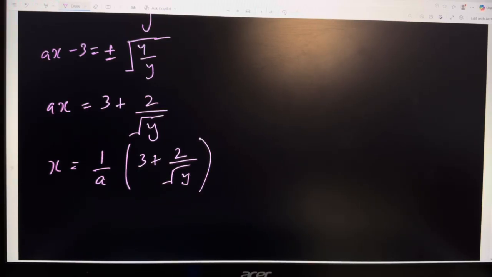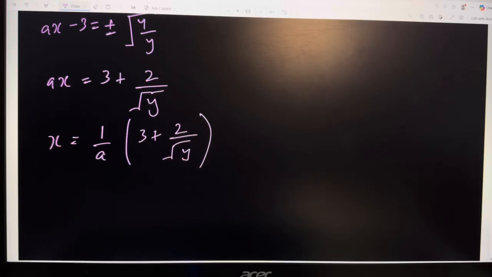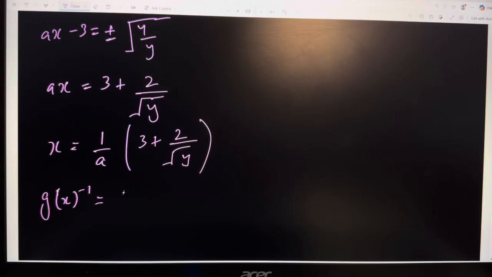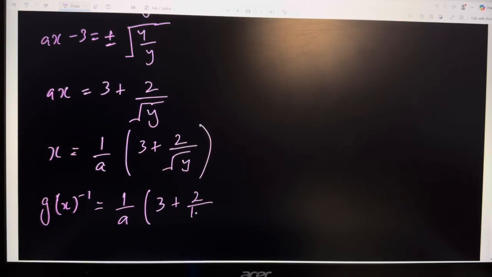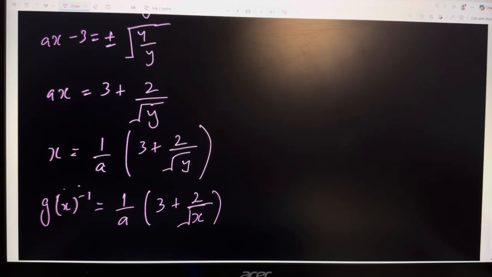You can just leave it as so, and this is our g inverse, so we can just replace it. Now g inverse of x is 1 upon a, 3 plus 2 upon under root x. So that's our answer. Okay, g inverse is this.